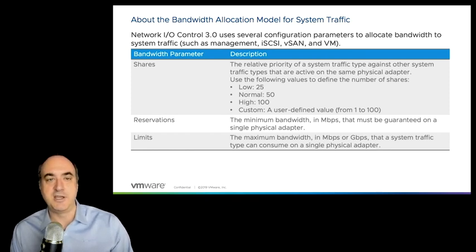VMs get 100 shares. But you can also define a reservation as well as a limit on each and every network adapter. Now, when you set these, you're setting the same setting across every single network adapter. You're basically defining how much of a portion of each of the network adapters is going to be guaranteed for management traffic, how much is going to be guaranteed for VM traffic, how much is going to be guaranteed for vMotion traffic, and so on.